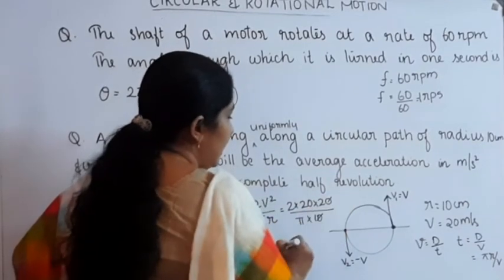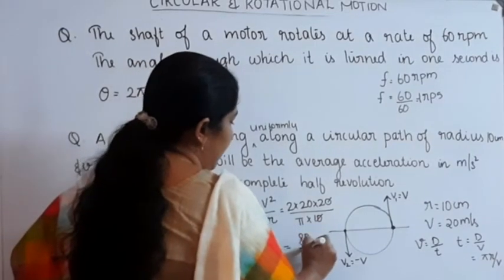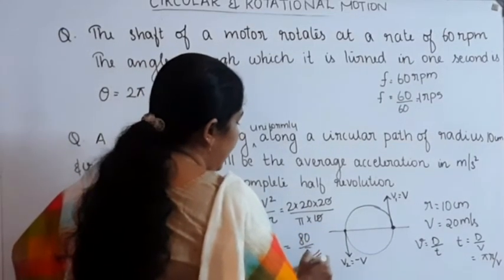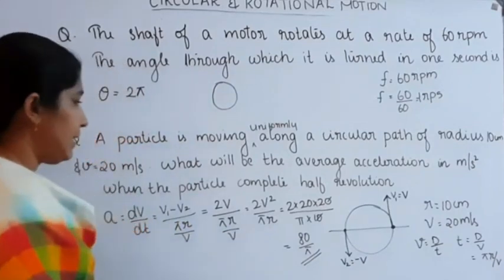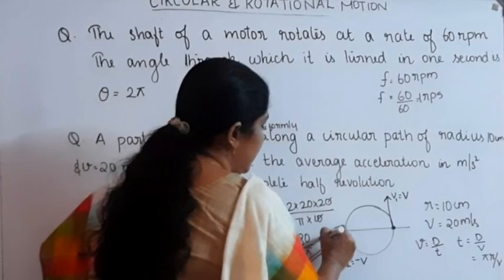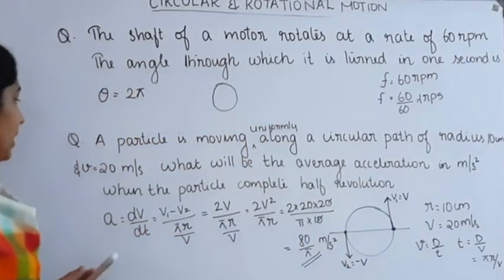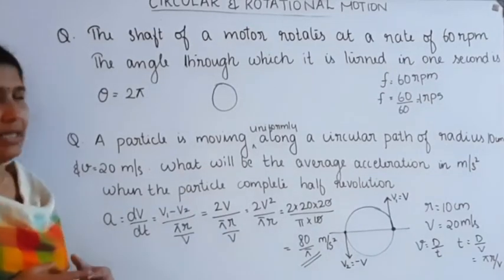Then it becomes equal to 80 divided by pi. 80 by pi meter per second square is the acceleration of the particle.